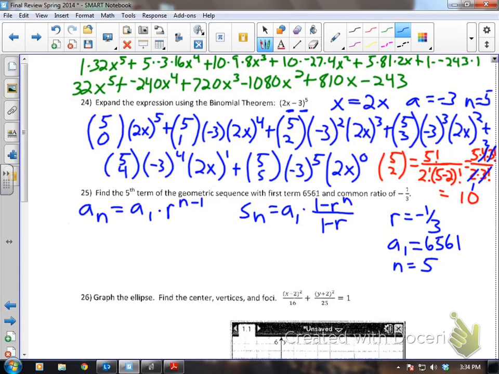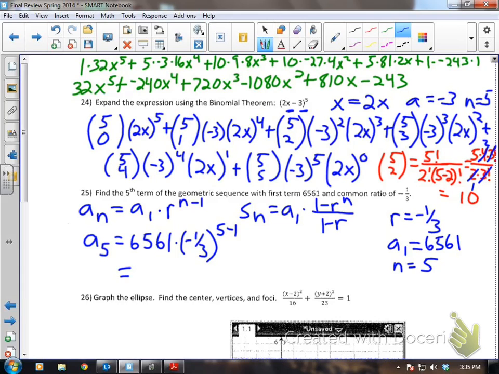Okay, so what we're going to do is a sub n, so I'm trying to find the 5th term of the geometric sequence. The first term, a sub 1, is 6,561 times r, which is negative 1/3, to the n, which is 5 minus 1 power.